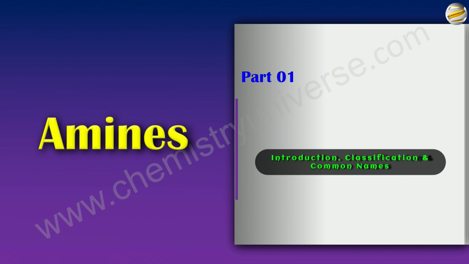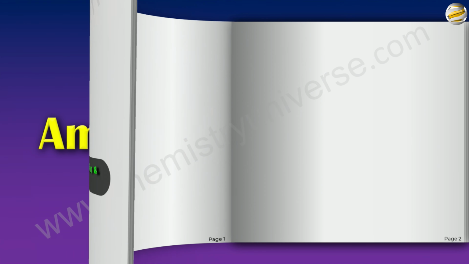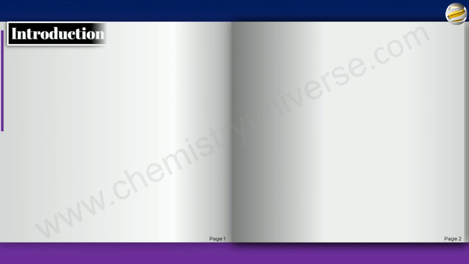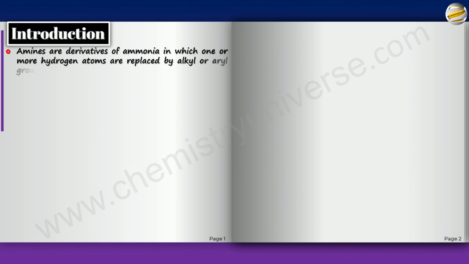All right, so basic introduction. Let's get on with the introduction. What are amines? Well, amines are basically derivatives of ammonia in which one or more hydrogen atoms are replaced by alkyl or aryl groups.